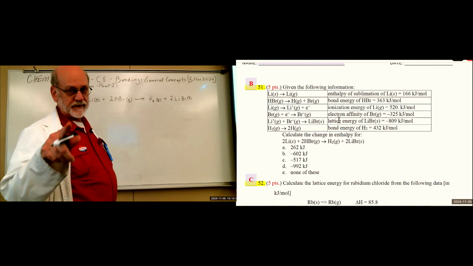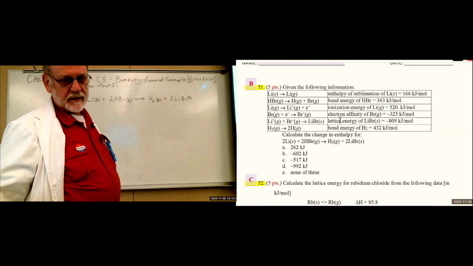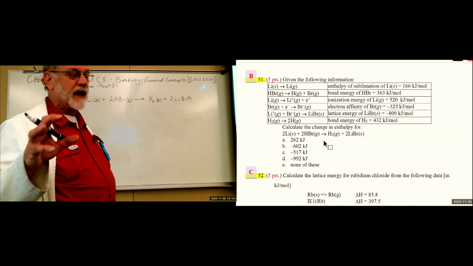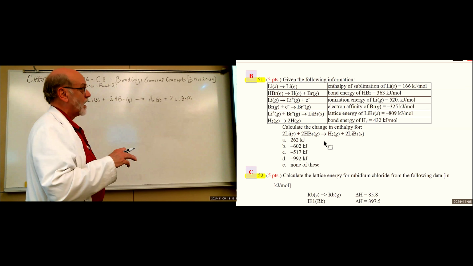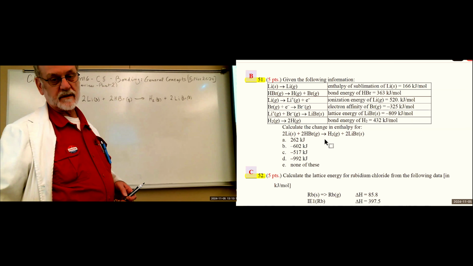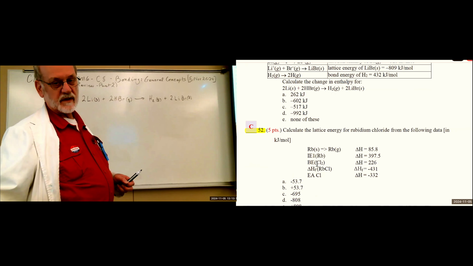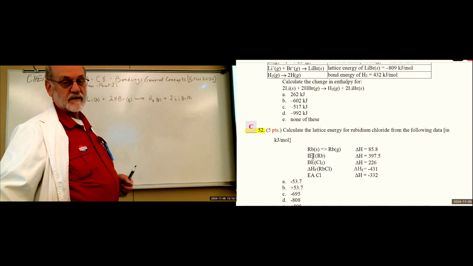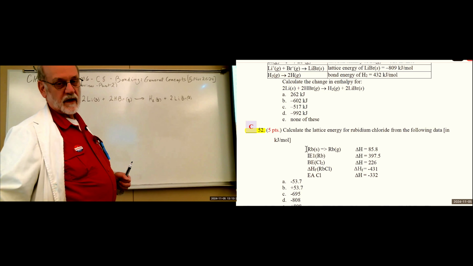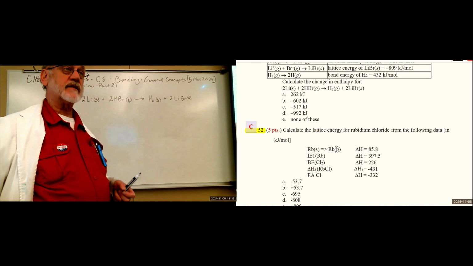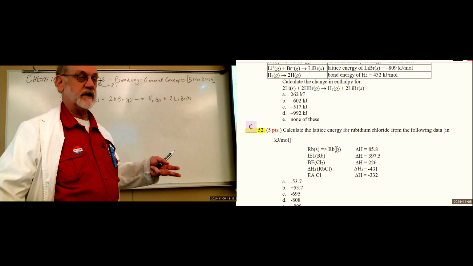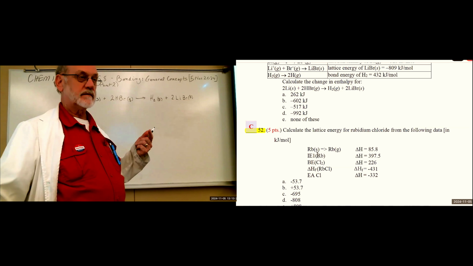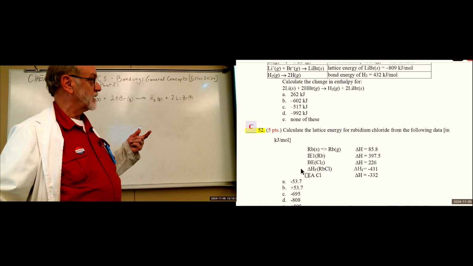And I picked this one out. Now, 52 is the same type of calculation, only 52 is more cryptic because it uses abbreviations. So I'll do that first. S, solid to gas, is sublimation. That's the sublimation energy. IE1 is the first ionization energy.